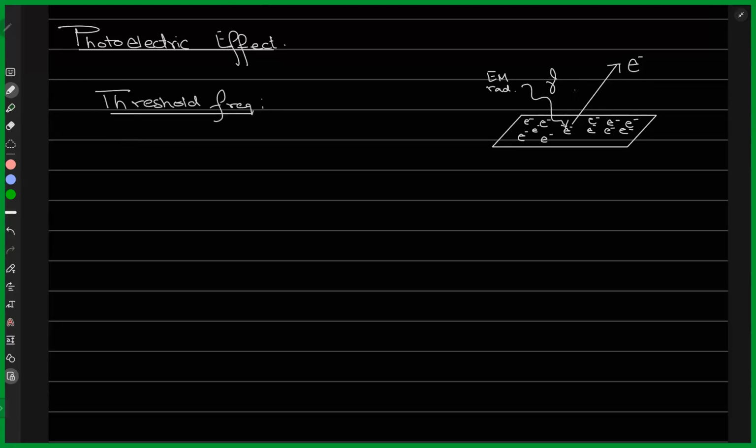Again, the concept of this one comes from the fact that this phenomenon, the photoelectric effect, only occurs for some specific frequencies, and that frequency is known as threshold frequency.